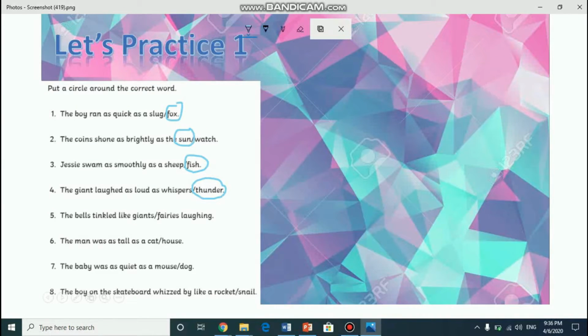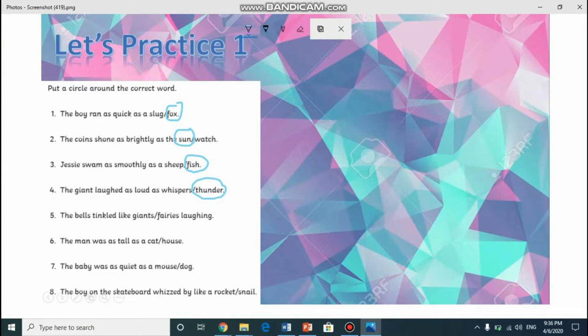Now, continuing, sentence number five. The bells tinkled like giants or fairies laughing. So the bells, trin, trin, trin, tinkled like giant big or fairies laughing.